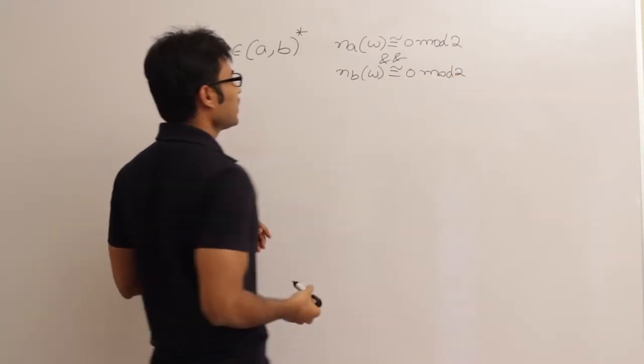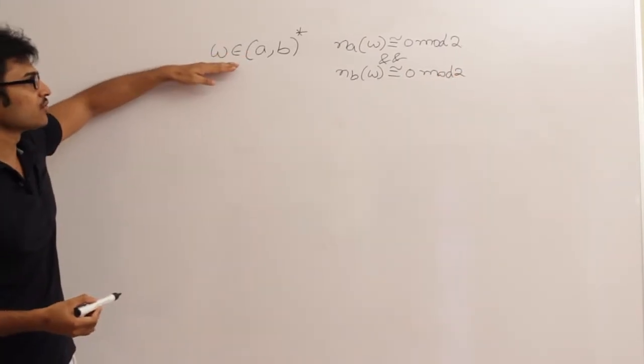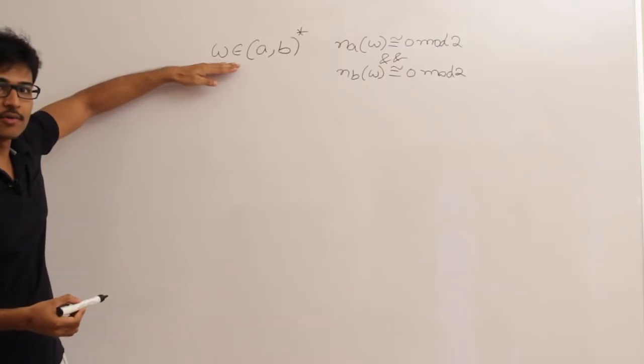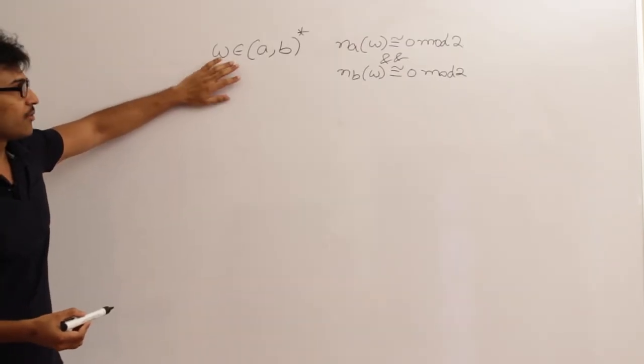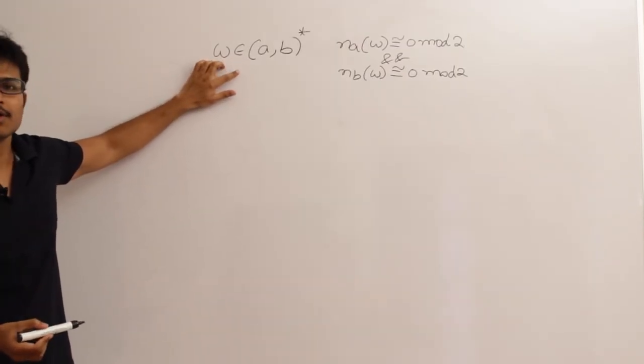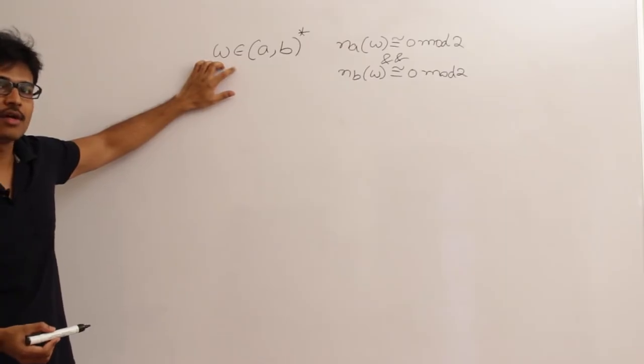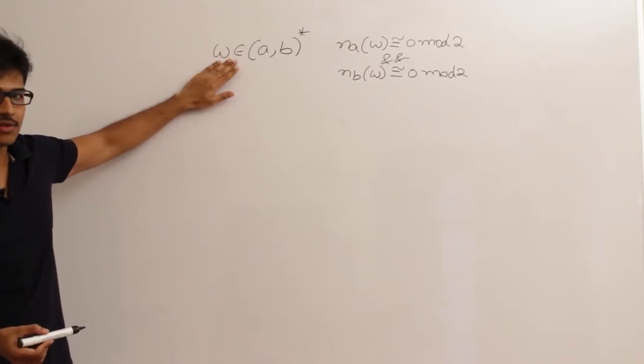Yesterday we classified the set of all strings into four classes: number of A's even or odd, and number of B's even or odd. We have seen those four.